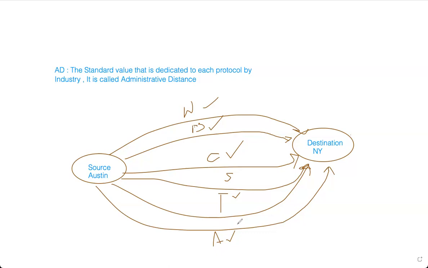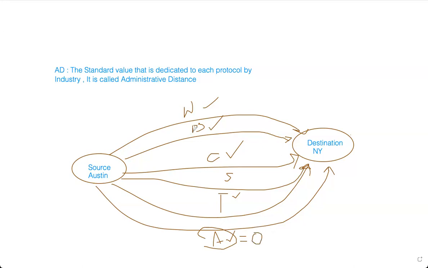So flying is better because it saves a lot of time, right? So maybe from the perspective of time, if we choose going by airplane, that is better. So the industry thought, okay, let's give an AD value of 0 to air.